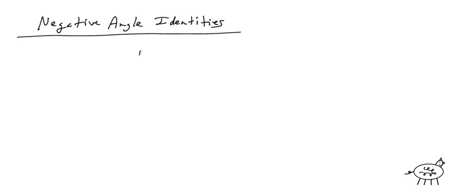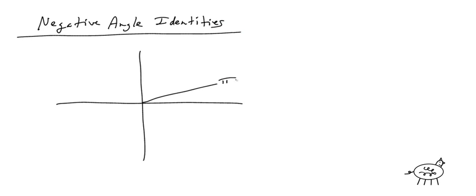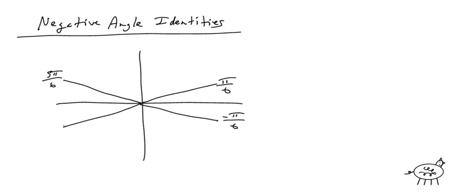Let me draw a picture here first. I'm going to put pi over 6 here, 5 pi over 6 here. As opposed to putting it all the way around, I'm just going to say negative pi over 6, and this is negative 5 pi over 6.